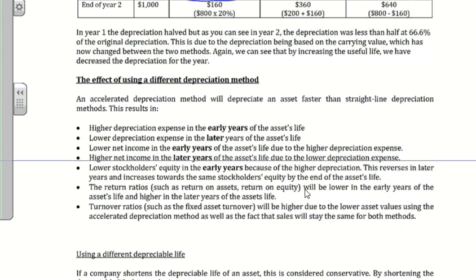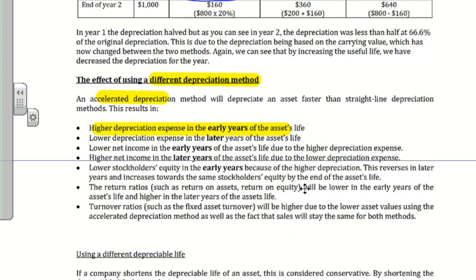What are some of the impacts of using different depreciation methods? High depreciation, if I use this accelerated depreciation method, higher depreciation expense. And always when you think about this, guys, think to yourself, what depreciation method am I using? So first and foremost, I'm using what we call the double declining method.